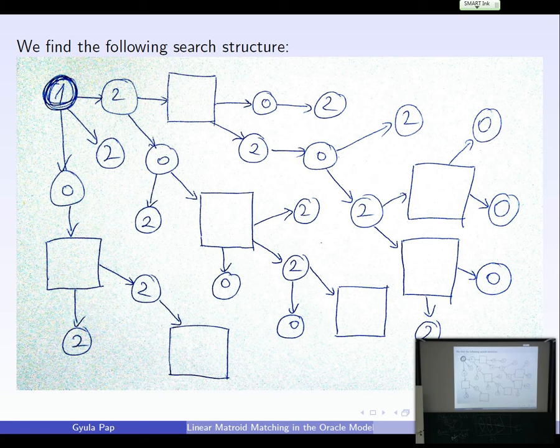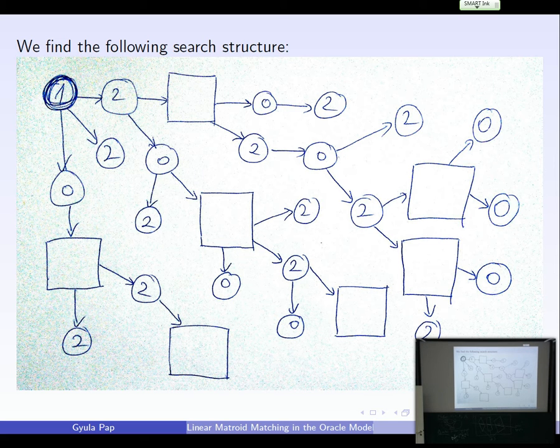I don't know why. And then we will discover this kind of structure, an arborescence, but all kinds of nodes are somehow pseudonodes that come from blossom, and we don't really shrink them.